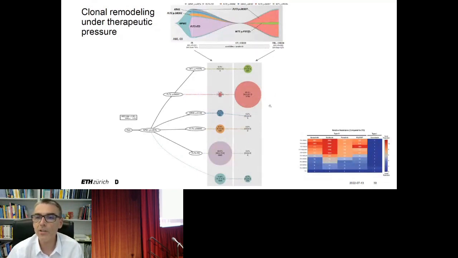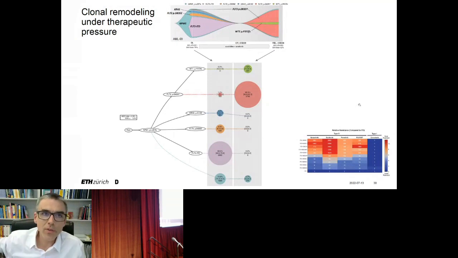And in this particular case, actually that data fits very nicely to phenotypic drug resistance data that tells us that the particular mutation that defined this subclone here actually had the highest level of resistance as compared to other mutants that have been present at baseline. This was the one that, using that phenotypic data at least, would have been the one you predict to probably outcompete the others under treatment.